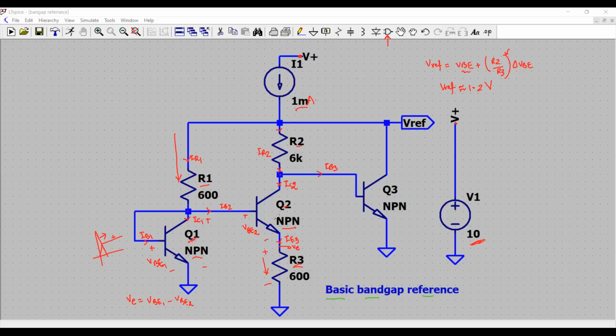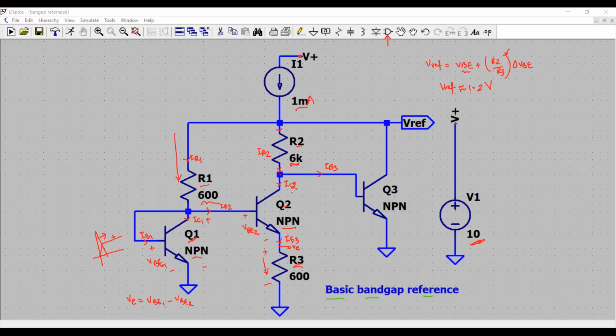I don't have an option here to select the emitter area of transistor Q2 so that the collector current densities, or collector currents, in both Q1 and Q2 can be different. So in order to do so, I'm using R1 as 600 ohm, and to the collector of transistor Q2, I am using 10 times the value of R1.